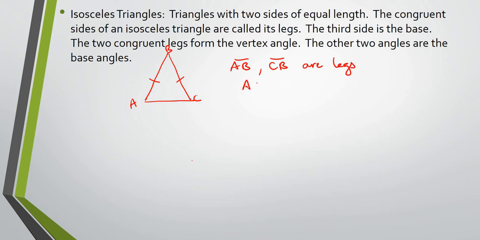The third side, AC, is the base. The vertex angle would be angle B. It's formed by the legs. So that's the vertex. And angle A and angle C are the base angles.